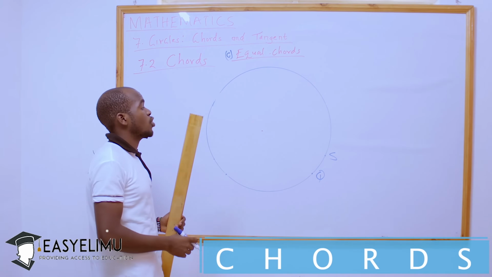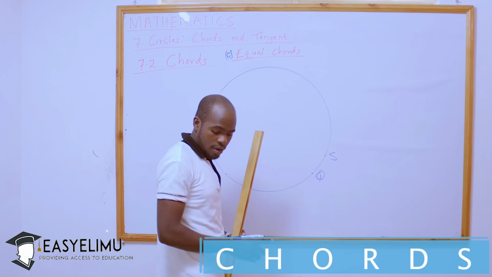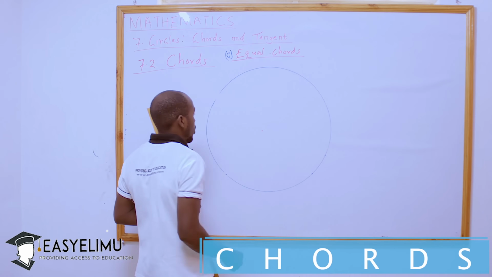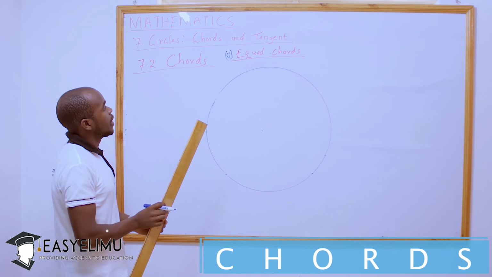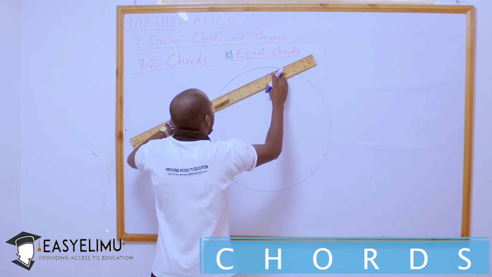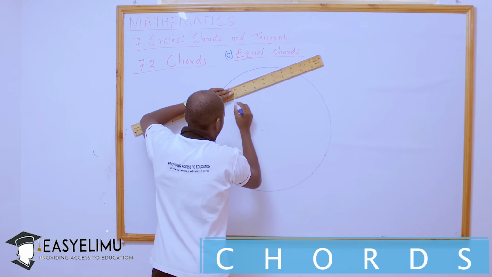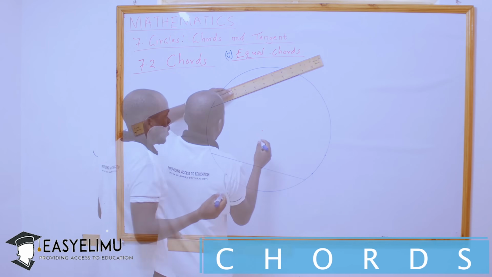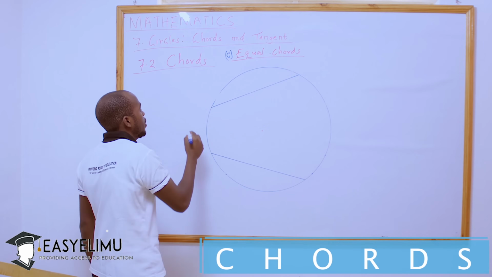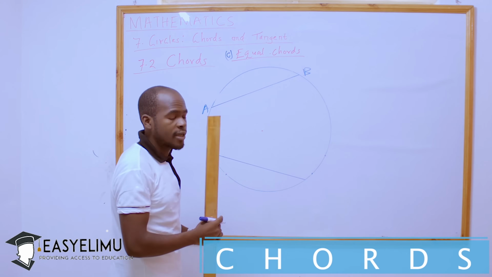If we are having equal chords, I'll construct a circle as given below. So if we construct a circle as below, let's have one of the chords pass through this section here. Let's have the chords as AB and CD.